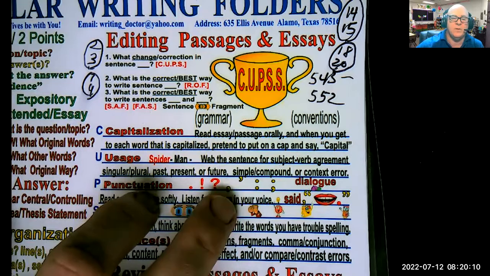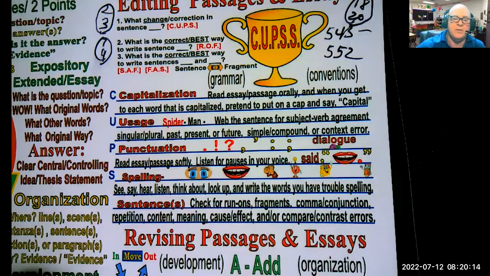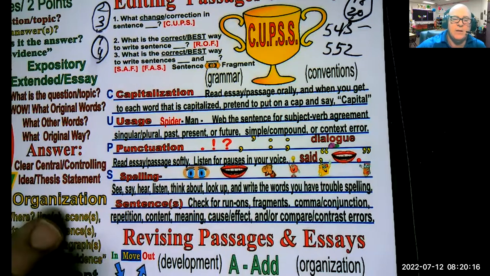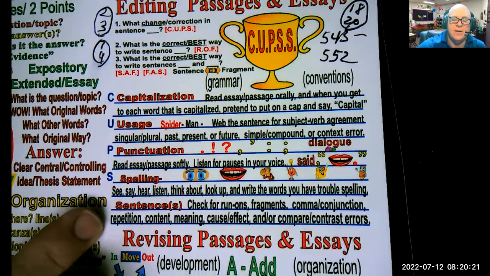And now that we know what sentences look and sound like, we'll also try to check for run-ons and fragments that have either comma conjunction problems, repetition problems, content or meaning problems, or the wrong cause and effect, compare and contrast, or relationship in the answer choices. So you can pick the best one based on that.